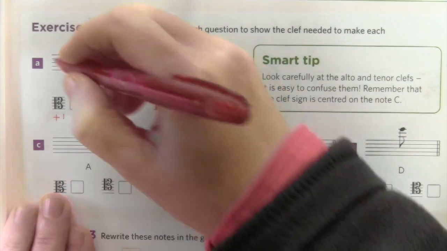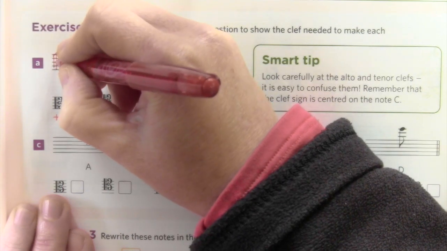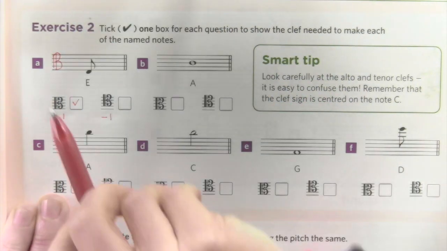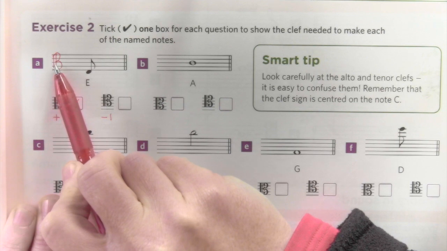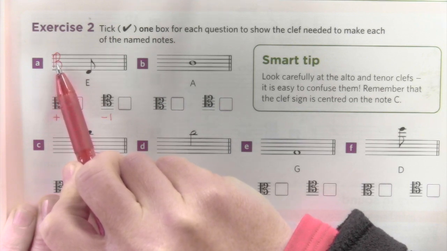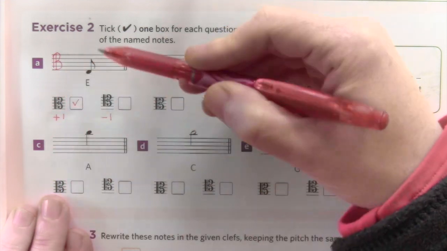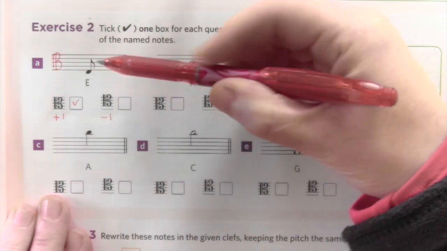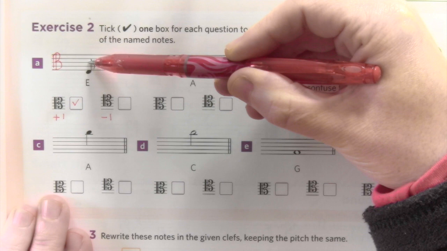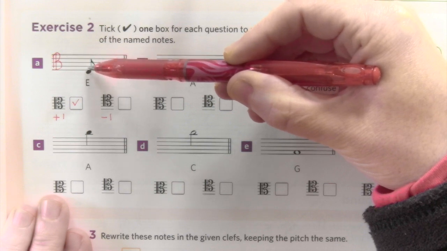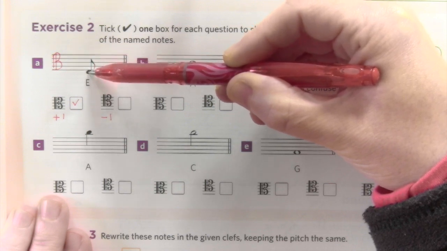If we want to double check, I'm going to write the alto clef here. And as you can see, where the two bubbles meet, the third line, that would be middle C. So if we count downwards, that would be Do, Si, La, Sol, Fa, Mi.